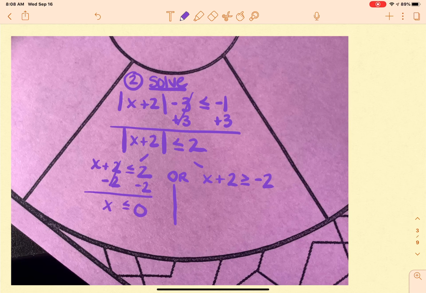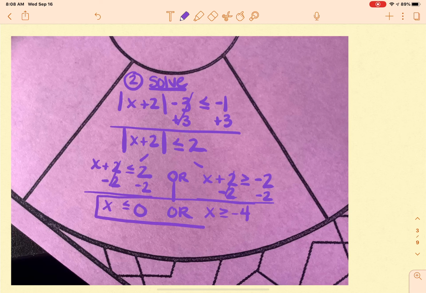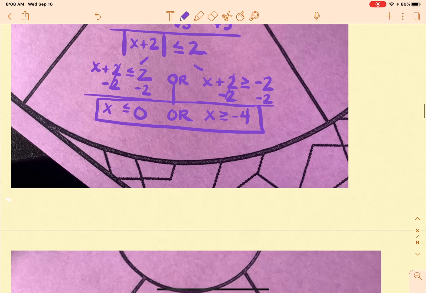So I end up with 0. Guess I made that line a little too long. And the thing is, the same step here is going to be the first step here. So subtract 2. Get x is greater than or equal to -4. So those are my 2 inequalities.